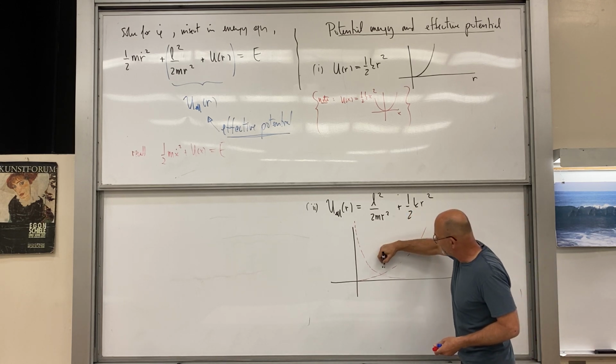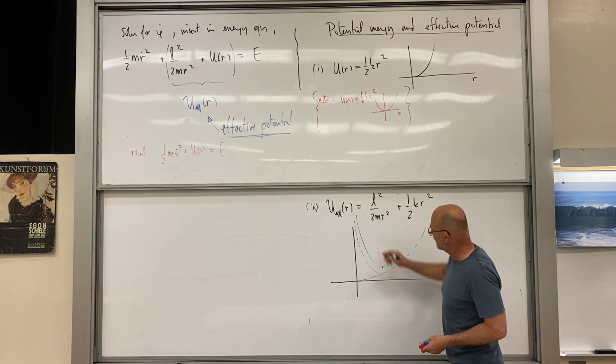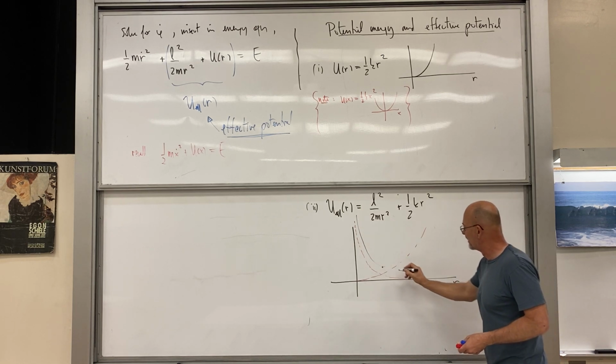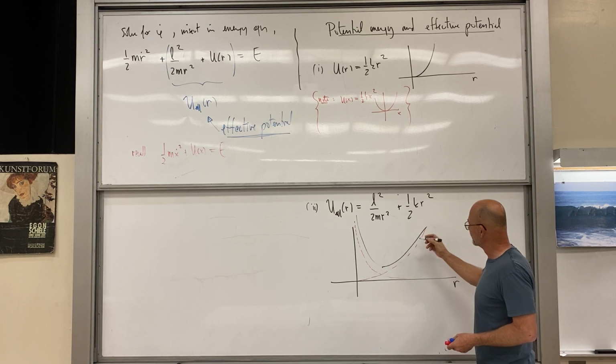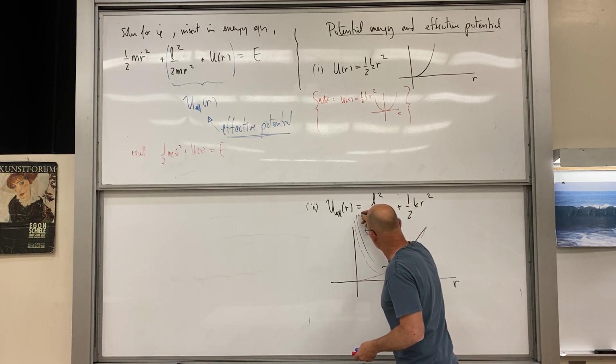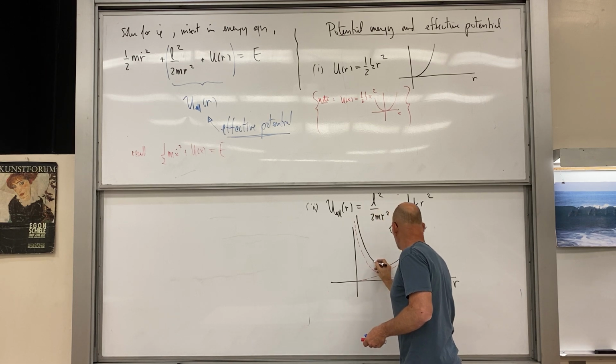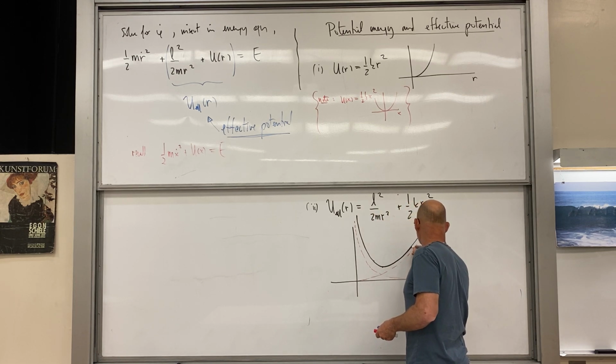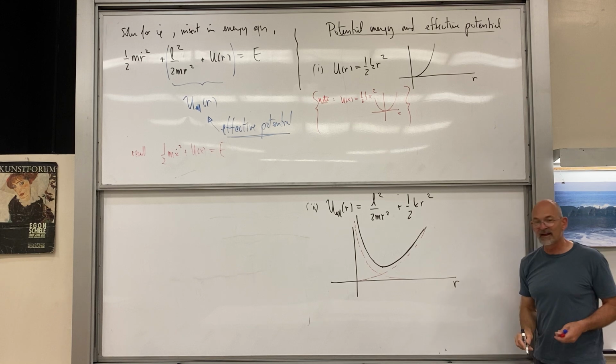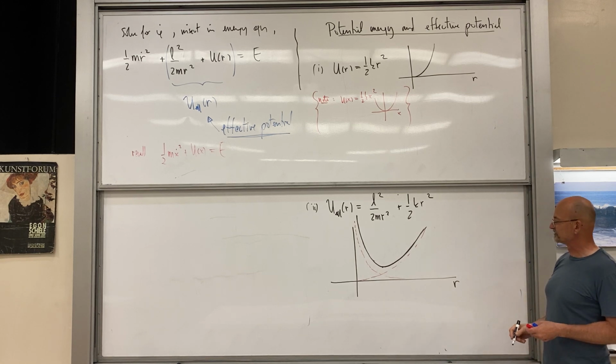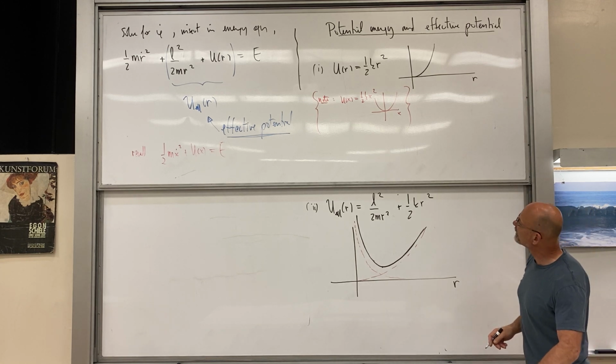And we have this on the one hand and this on the other. So this is a nice smooth curve with a local minimum and asymptotic behavior. Very nice.